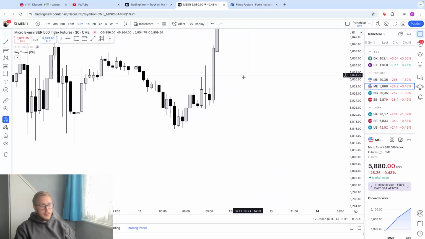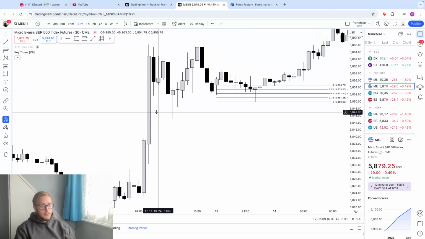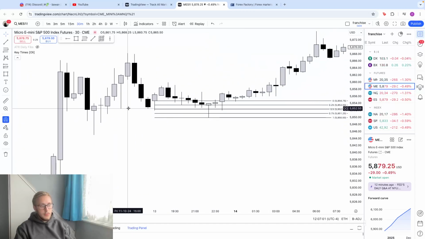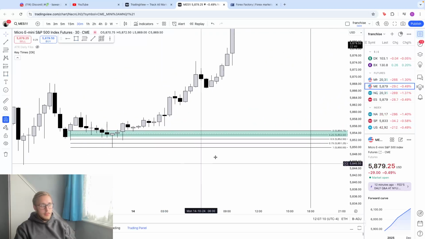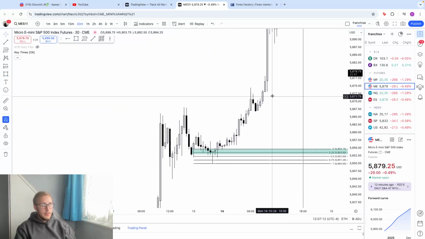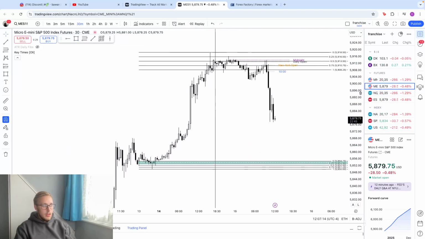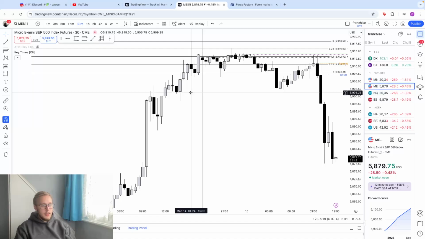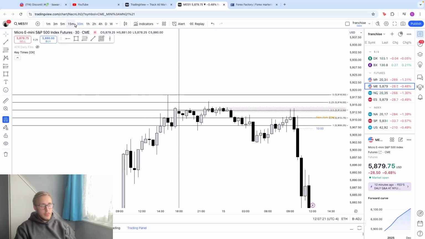Let's go to Friday. Closed here, open there, bang, that's your weekly opening gap. And we can also mark the daily opening gap, which is here to here.